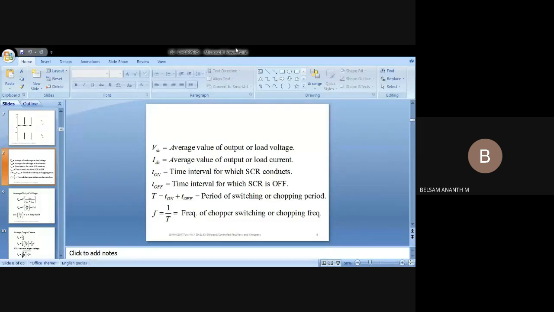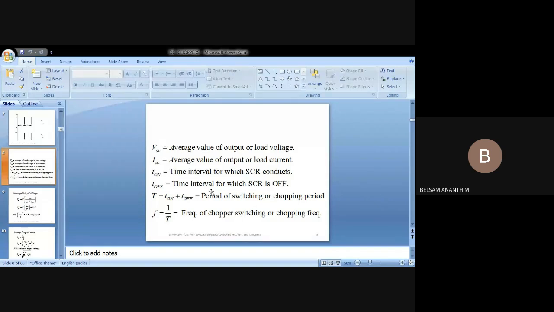T on is the time interval for which the SCR or thyristor is conducting. And T off is the time interval for which the SCR is off, as you are aware. And T equals the total time, how do we calculate it? On time plus off time, T on plus T off, the period of switching, which here is called the chopping period.